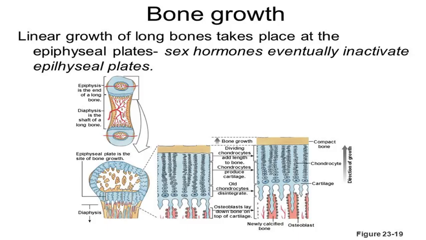So clinical application, you have bone growth and also bone remodeling. So this is bone growth, meaning the increase in the length of the bone. So this is linear growth.